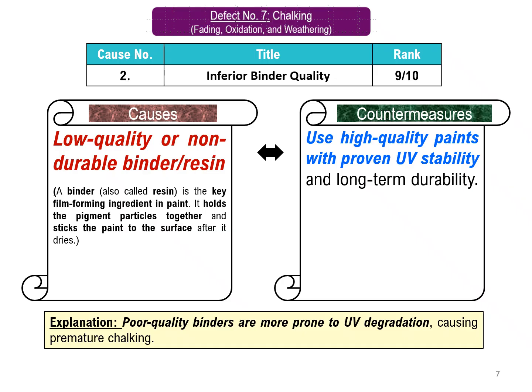Poor quality binders are more prone to UV degradation, causing premature chalking. This is the second most important cause, and it has been ranked 9 by 10. The recommended countermeasure for it is to use high quality paints with proven UV stability and long term durability.